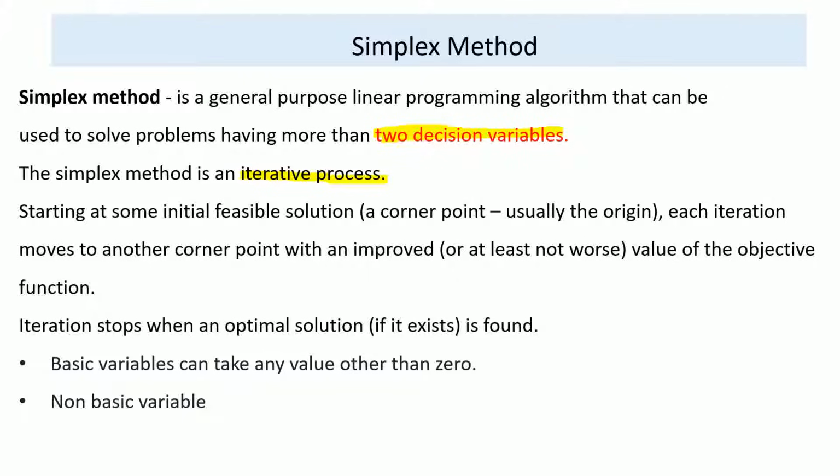Our objective function becomes improved with each iteration. Iteration stops when an optimal or the best solution, if it exists, is found. If the optimal solution is arrived at, our iteration stops.